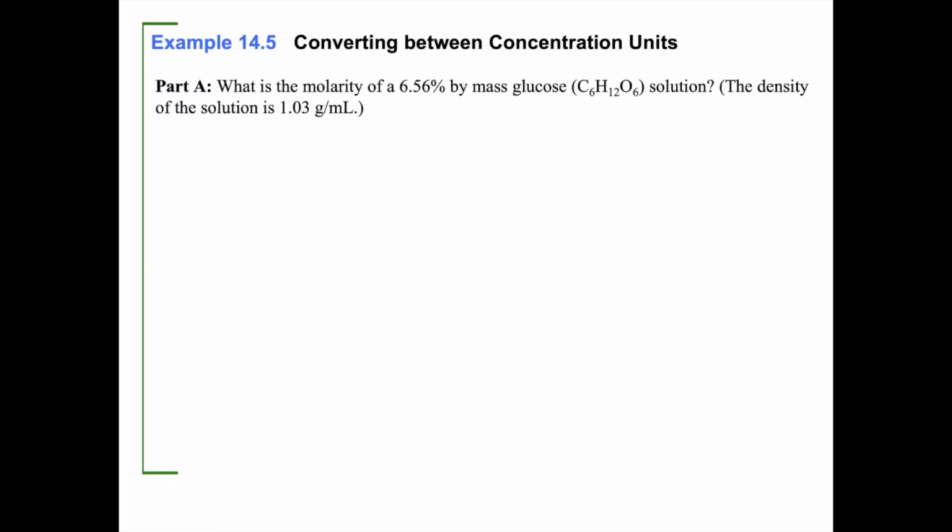So since it's 6.56% by mass, why don't we just say that we have 6.56 grams of glucose and we have 100 grams of solution.